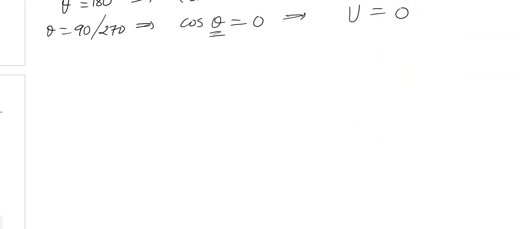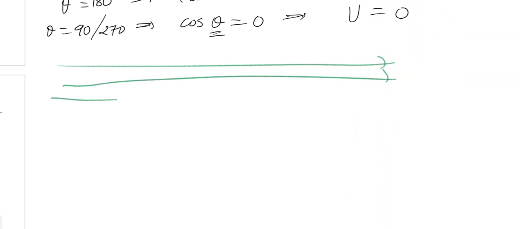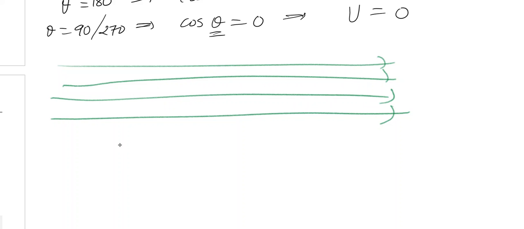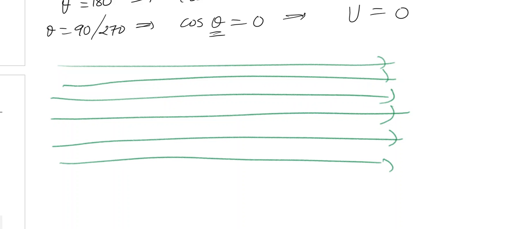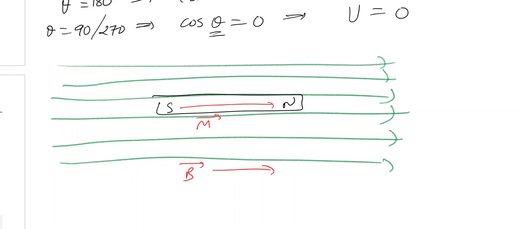So if I have a dipole placed in an external magnetic field, suppose I have the dipole at 0 degree. Suppose the dipole is placed in such a way that north is here, south is here. What is the angle value? This is the direction of the magnetic dipole moment, and B is also in the same direction. So theta is 0.